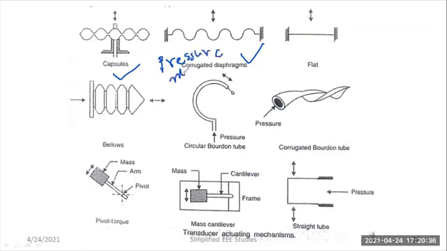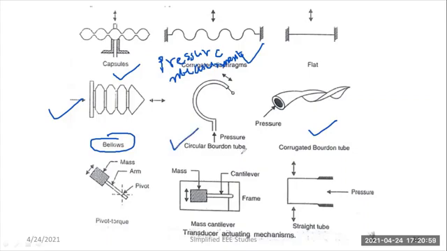Actuating mechanism is involved in this type of device. Similarly, bellows are also related to pressure measurement. Then the corrugated Bourdon tube is also a support for the measurement of pressure.